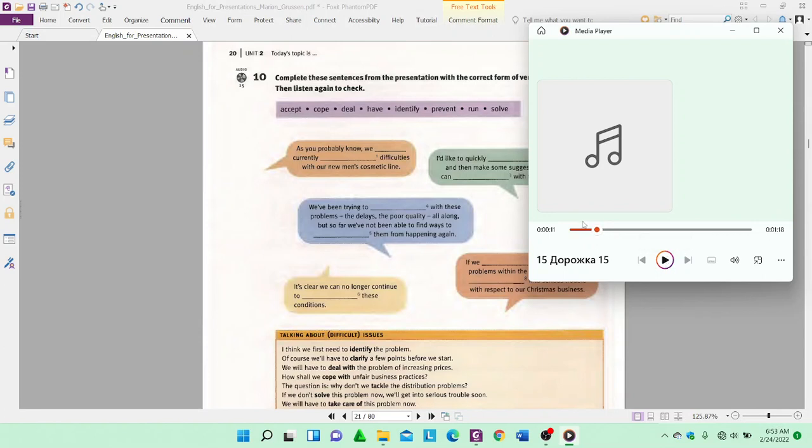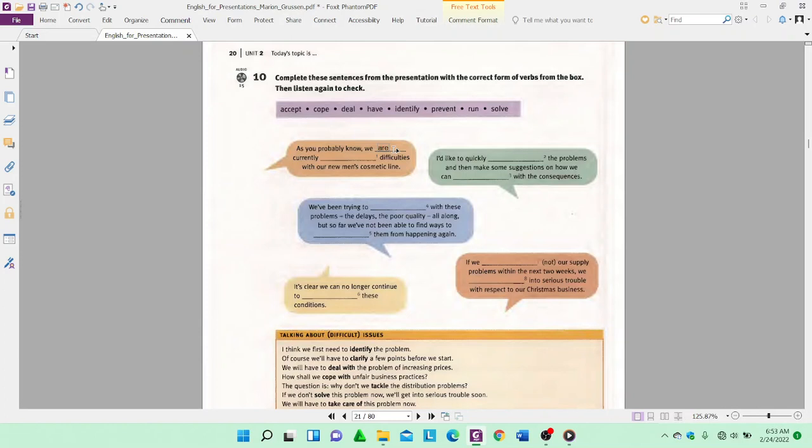Oke, jelas ya. Apa dibilang tadi? As you probably know, we are currently having difficulties in our new men's cosmetic line. Ya, sebagaimana yang kalian ketahui, kita sekarang memiliki permasalahan, kesulitan ya dengan apa nih?